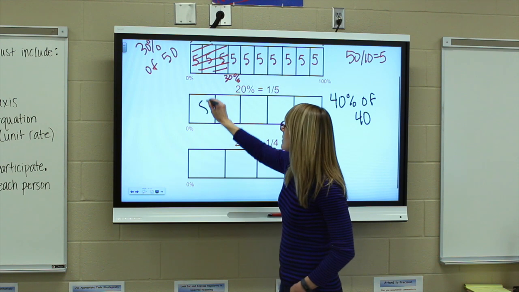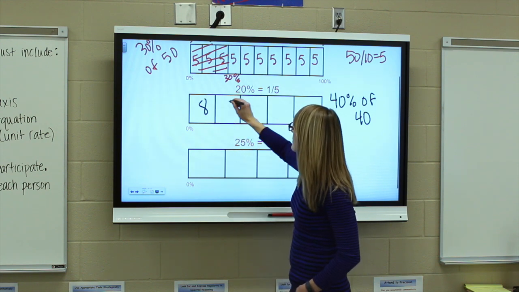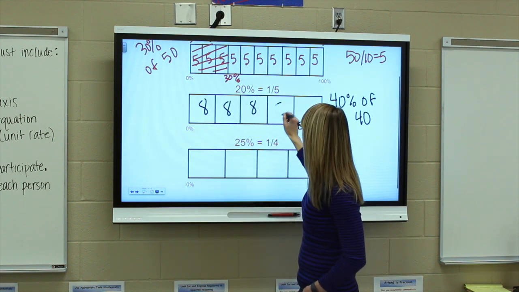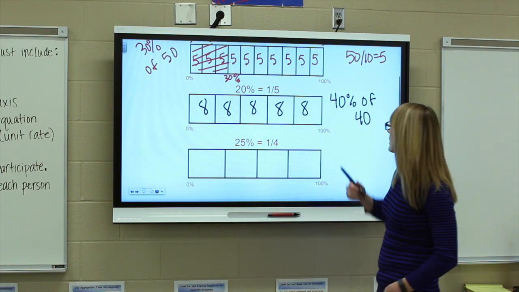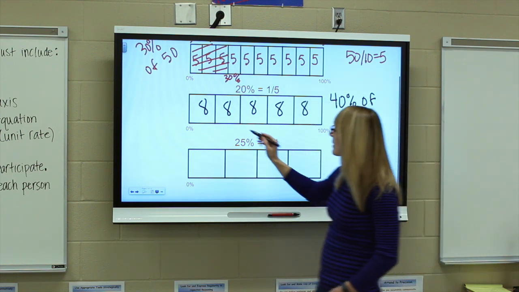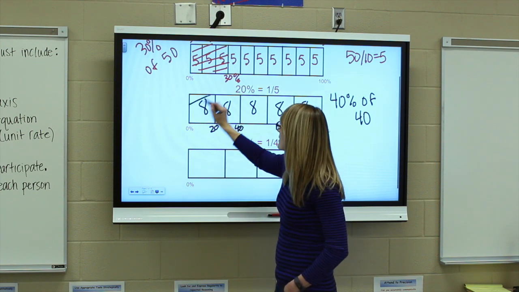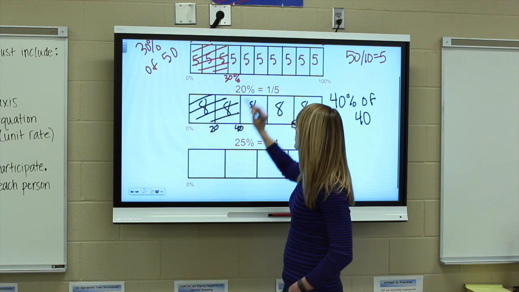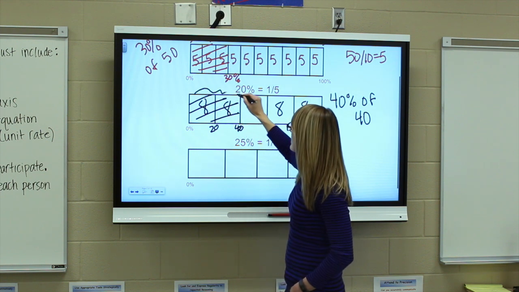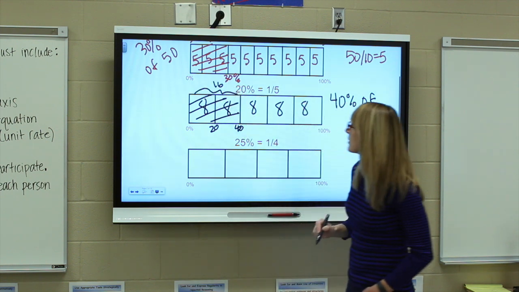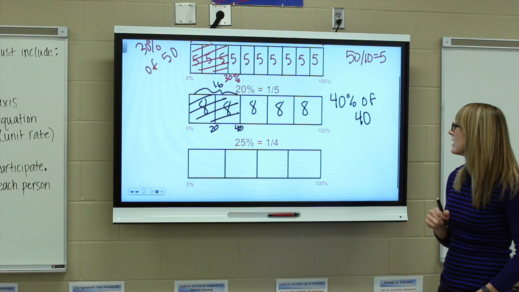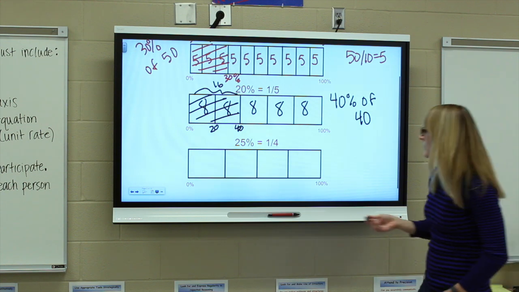It's 8. So I know that 20% is 8. And if I was looking for 40% of 40, well, 20%, 40%. That would be this section right here. So that is equal to 8 plus 8, or 16. So 40% of 40 is 16.